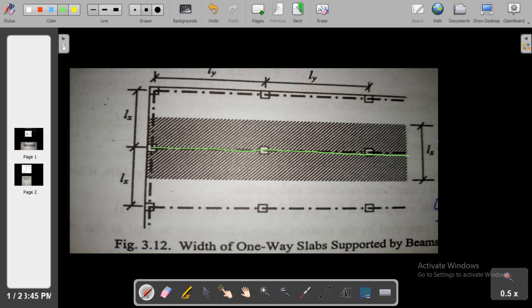The width of this tributary area will be equal to LX. But remember, if the two spans are different, then LX divided by 2 for this side will be added to LX divided by 2 for the other side. Here both spans are the same, so the width of the tributary area is LX.